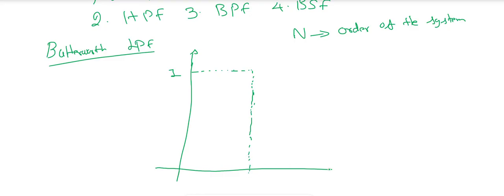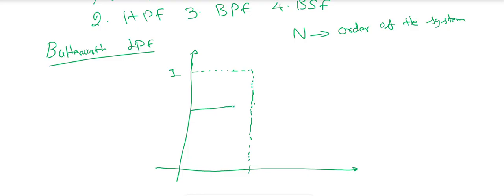But in practice, you will not get the ideal one. You can only get closer to it, an approximation near the ideal one. So there will be tolerable ripples in the pass band and stop band.